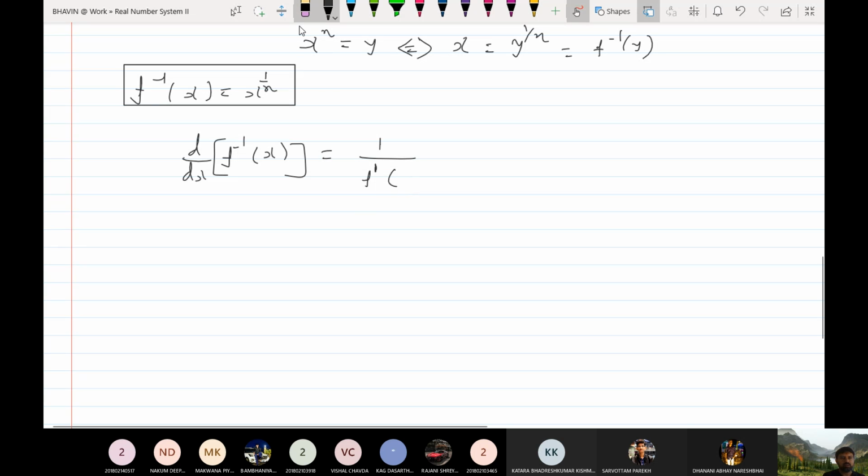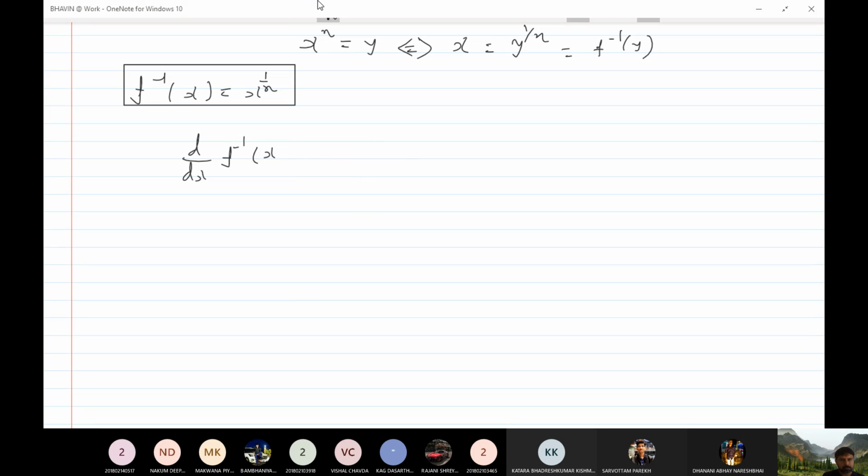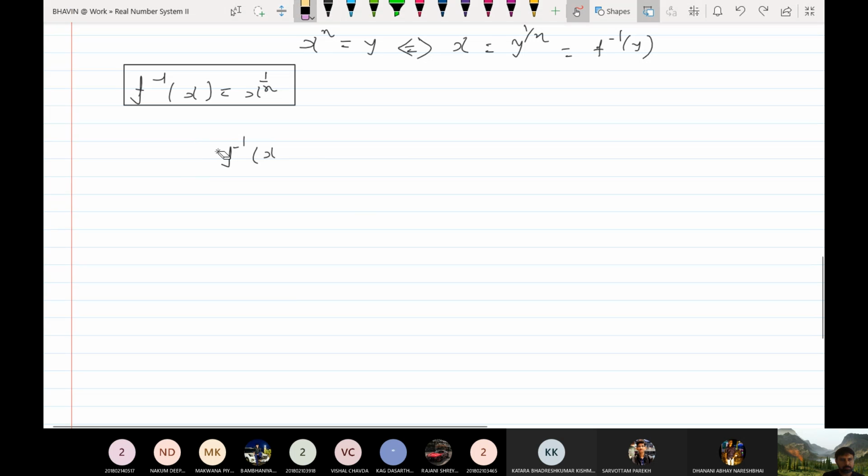See, in general, let me do it a different way. We assume that x is not equal to 0 for the time being.